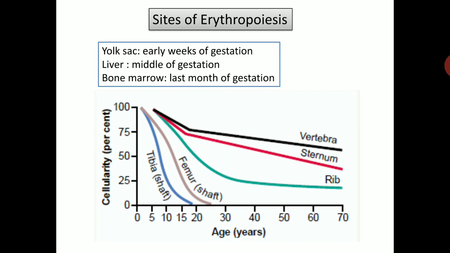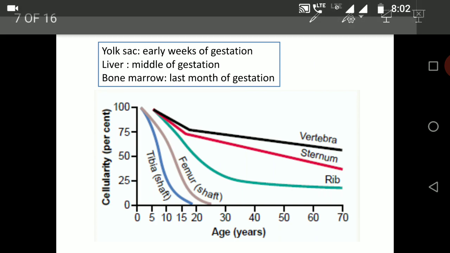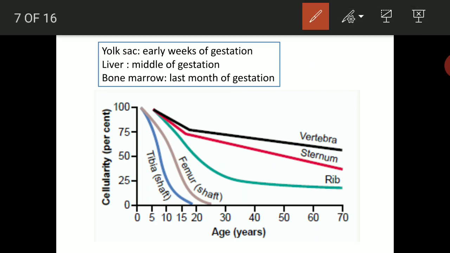And in this graph, in the initial stages of life up to near about 20 years of life, you are seeing that long bones like femur and tibia constitute the majority of the erythropoiesis contribution. But as the age advances, you are seeing the flat bones like vertebra, sternum, and ribs contributing more to erythropoiesis. So erythropoiesis in the later phase of life occurs in the flat bones, and in the early phase it occurs in the long bones.